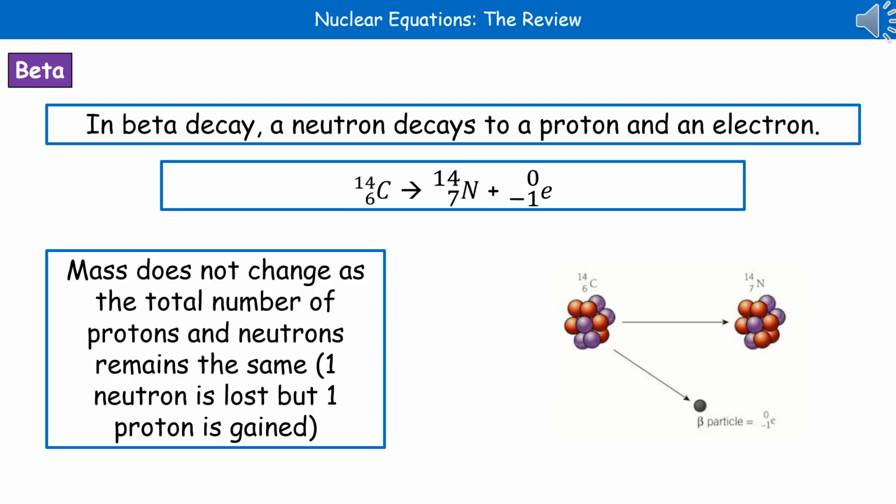So that means that we keep the same relative mass of 14. However, because we're changing our neutron into our proton, our charge goes up by 1 to become 7 rather than 6. And then we add the symbol for our electron, which is our 0 and our -1, just to show that we're also giving off that fast moving electron.